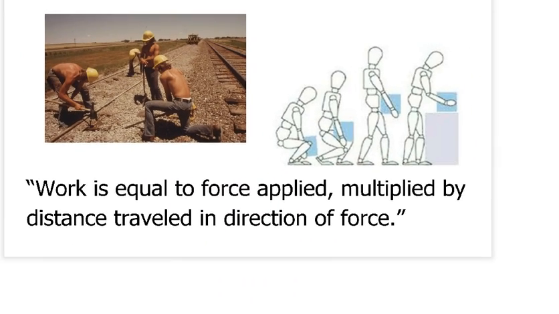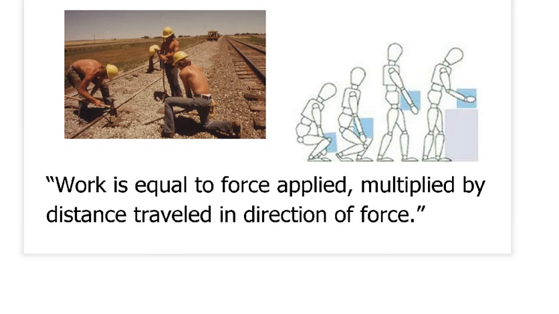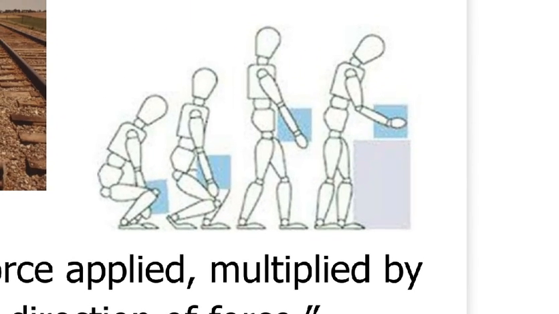Work, we'll just go ahead and get the definition. Work is equal to the force that is applied to an object multiplied by the distance traveled in the direction of that force. Now, oftentimes what we're going to talk about is work done against gravity, so against the force of gravity, right? So basically it would be the work done in lifting some weight upwards some distance.